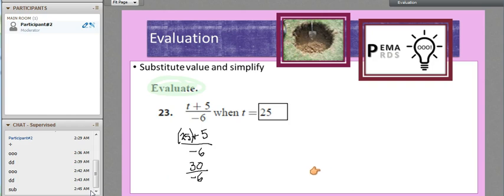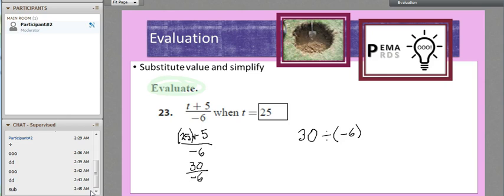Please don't do equal, equal, equal if you can help it. If it doesn't start with an equal sign, don't put one in. Just go to another column. 30 divided by a negative 6. In fact, we could even write it 30 divided by a negative 6. We could rewrite it like that now that it's simple on top and bottom.